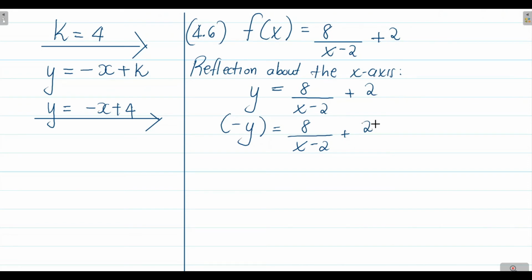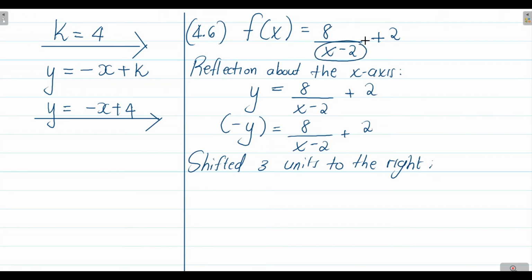The second thing that's happening, we are being told that this function has been shifted 2 units to the right. Okay, actually 3, to the right. So what does that mean, right? If it has been shifted 3 units to the right, guys, we know that it's a horizontal translation, right?